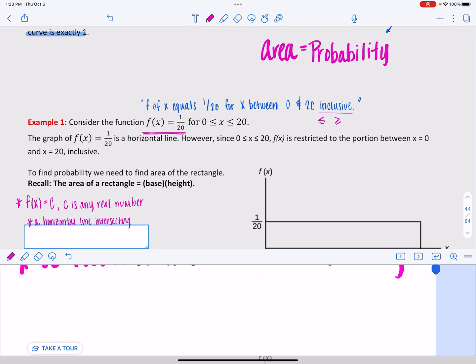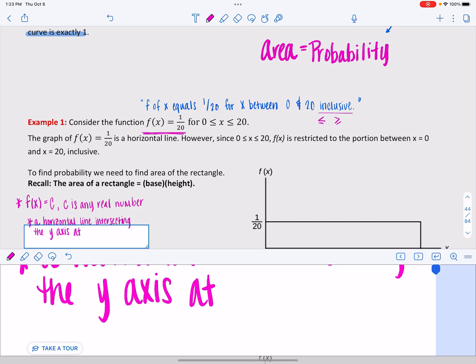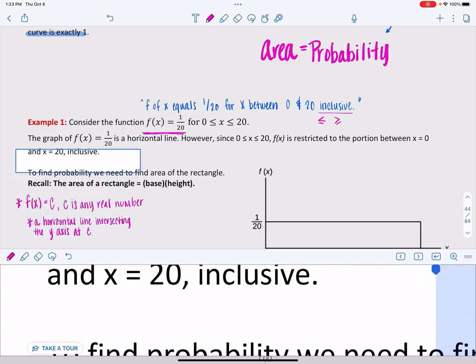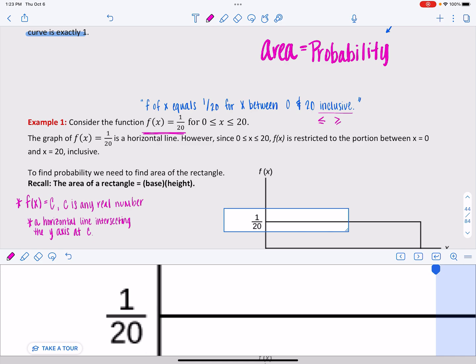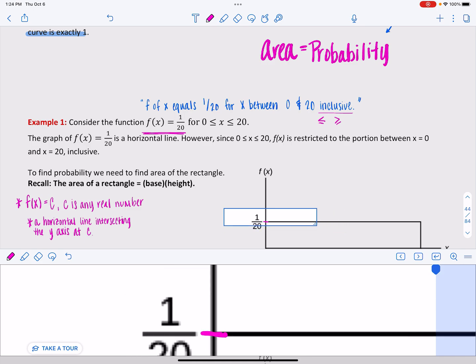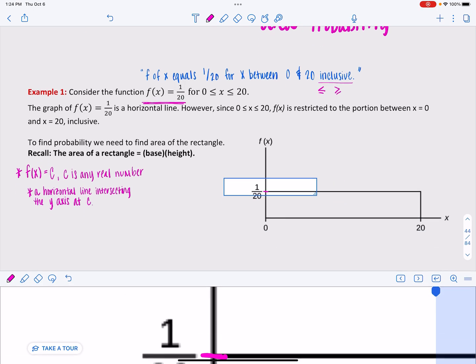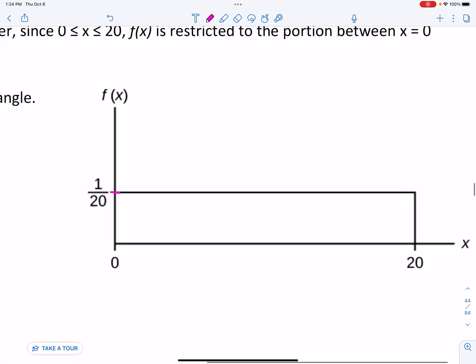Intersecting the y-axis at whatever the value of that number is. In our case, there it is, our line intersects the y-axis at 1/20. So we get our horizontal line.